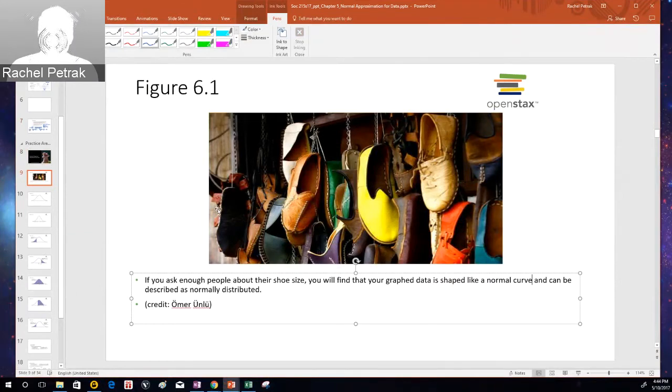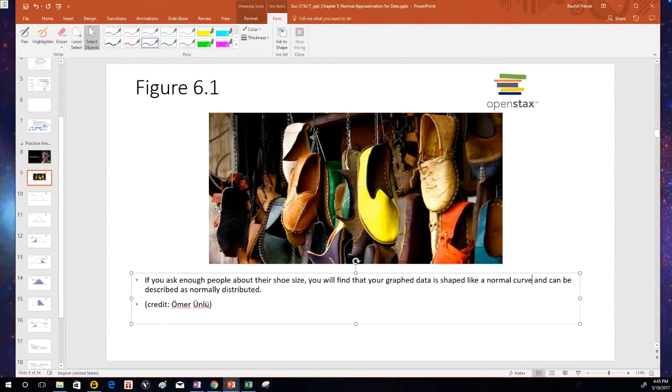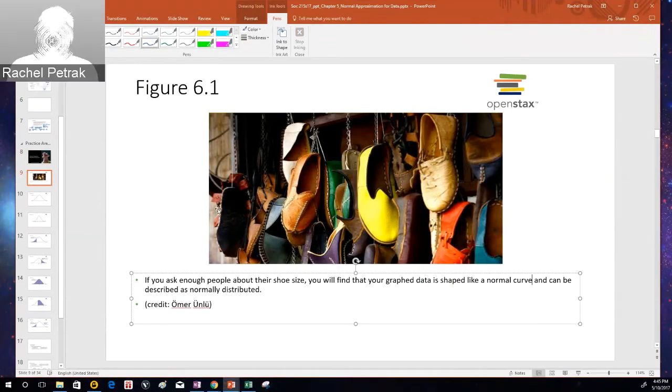But that doesn't mean that every single person has a body temperature of 98.6 degrees Fahrenheit. Their body temperatures would vary slightly depending on various variables, but they are distributed around that mean, and the mean is 98.6 degrees Fahrenheit.